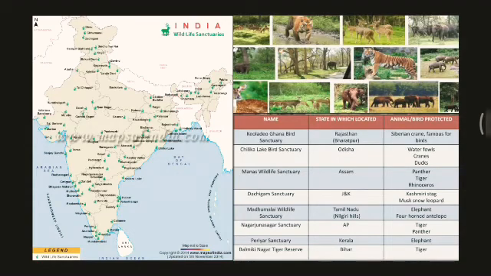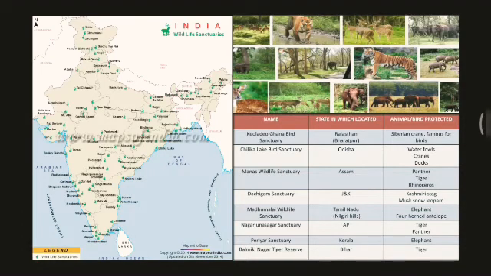Now, for example, Manas Sanctuary in Assam, Govind Sagar Sanctuary in Himachal Pradesh, Bhimashankar Sanctuary in Maharashtra, Nagarjuna Sanctuary, Periyar Sanctuary, Dachigam Sanctuary, all these are well-known wildlife sanctuaries that we have in India.